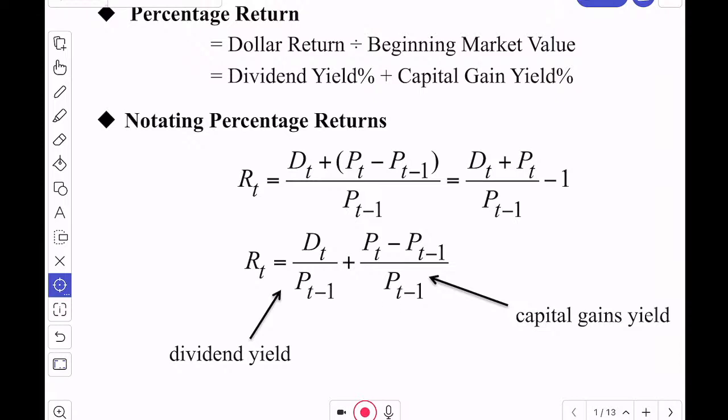Now these portions of the return are taxable. As an investor, you would have to pay taxes on the capital gains yield if you were to sell the stock, so you need to record that information, and you would have to pay taxes on dividends, and those rates may be different.